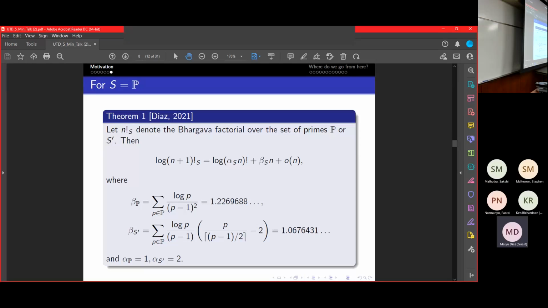But for sets like the primes, or S prime as an example, those were not known.